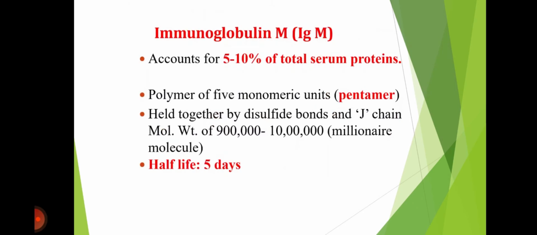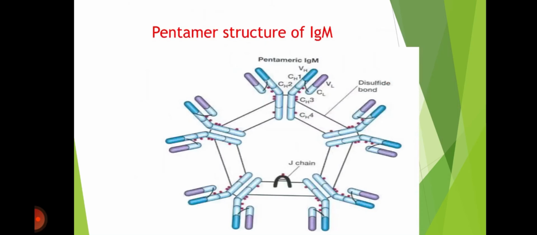It is a millionaire molecule. Half-life is 5 days. As the name suggests, pentamer, so there are 5 molecules. This is the basic structure of pentamers of IgM: a disulfide bond, J chain, and 5 molecules.